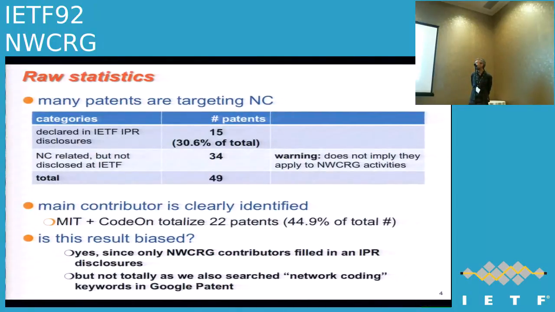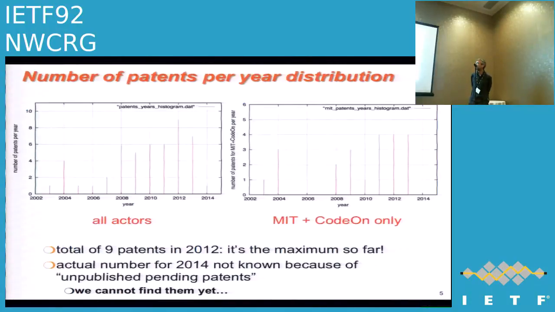But I still think it's globally appropriate because we also searched the network coding keywords in the Google Patent search engine. So the 49 can be a good sample of the situation.